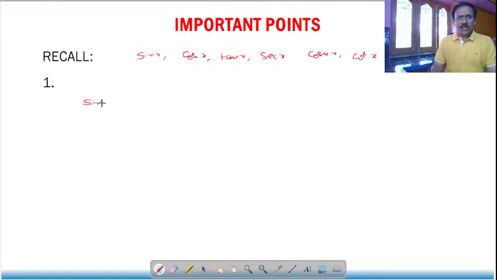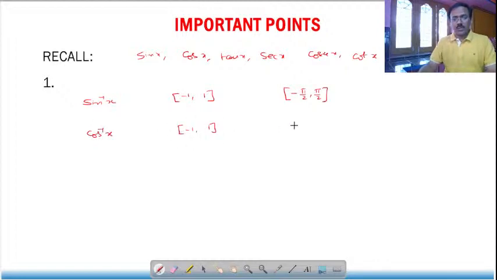Since it is a revision class, sine inverse x has domain -1 to 1, and we define its principal range as the closed interval minus pi by 2 to pi by 2. In the same way, cos inverse x has domain -1 to 1 and range closed 0 to pi. Tan inverse x has domain R and range the open interval minus pi by 2 to pi by 2.